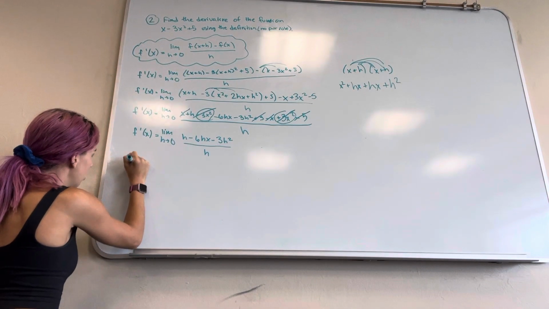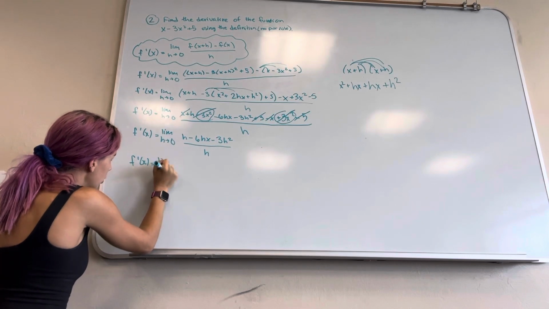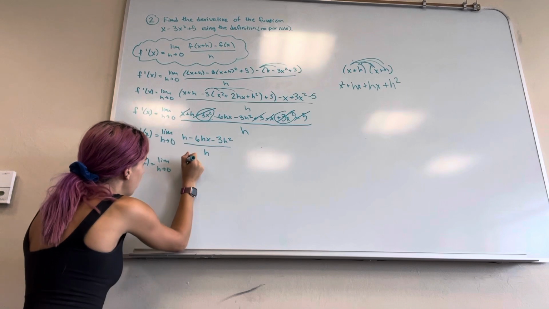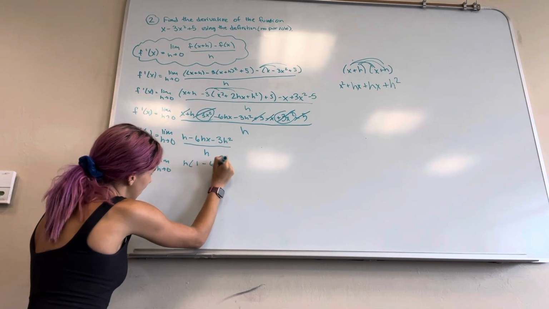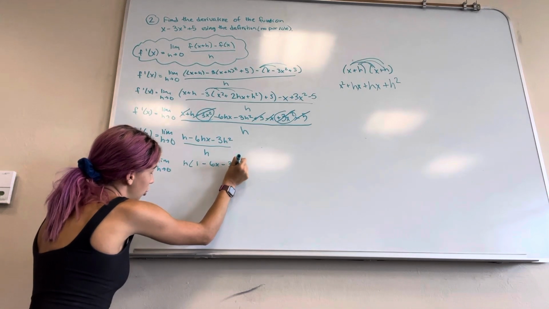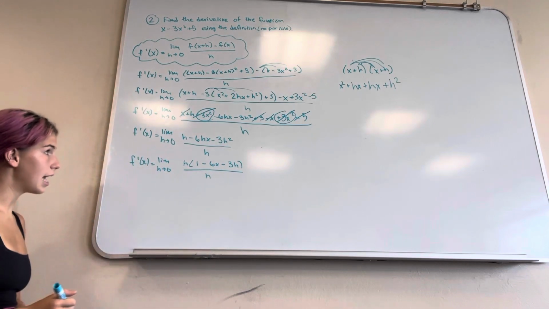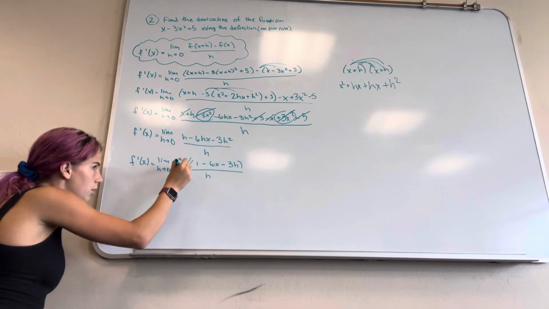But here we're going to have f prime of x is equal to the limit of h going to 0, and then we're going to factor out this h. So factor out the h, you're going to have h times (1 minus 6x minus 3h), all over h. So in this case now, since we're multiplying, we're going to be able to cancel out the h's. So we can cancel this.